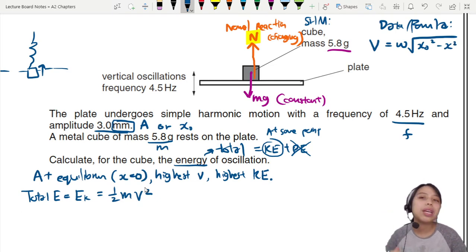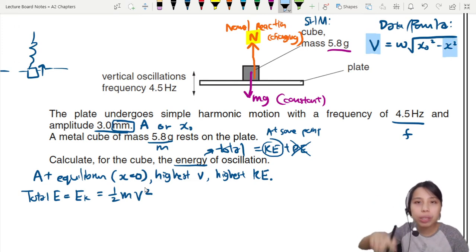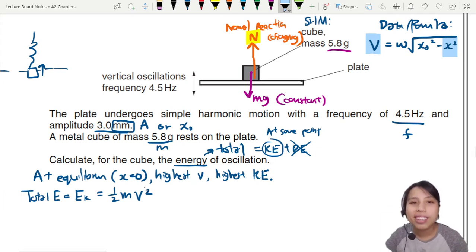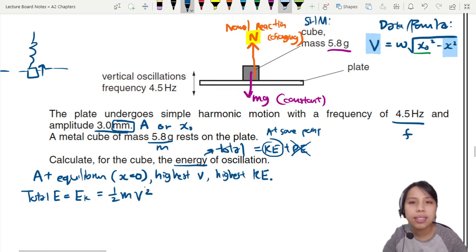This is the equation that will tell you what is the velocity at a certain displacement in your simple harmonic motion. And we can use this. I prefer to use a instead of x naught, so I'm going to use that. So we can say at highest KE, you have x equals to 0. What is the velocity there?